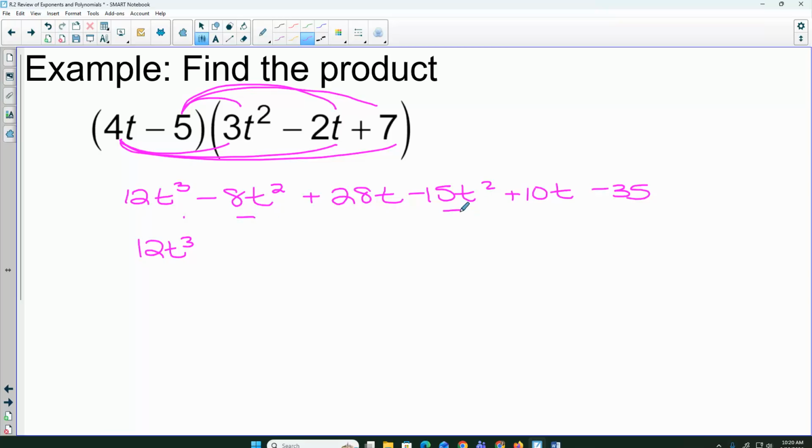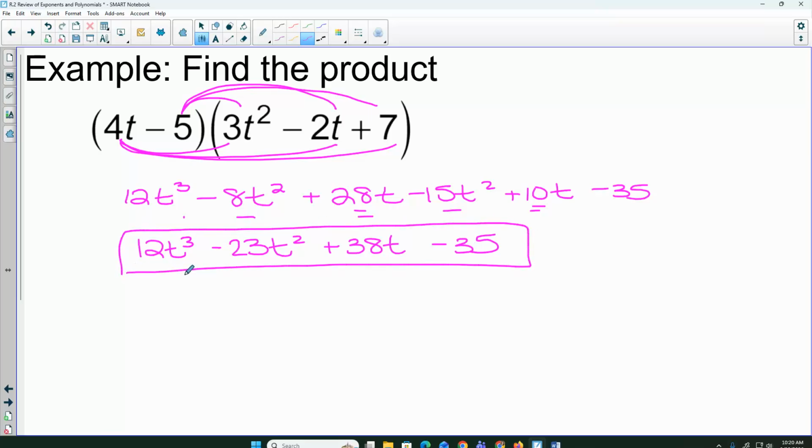Negative 8t squared and negative 15t squared, so negative 28t plus 10t minus. Do we remember that?